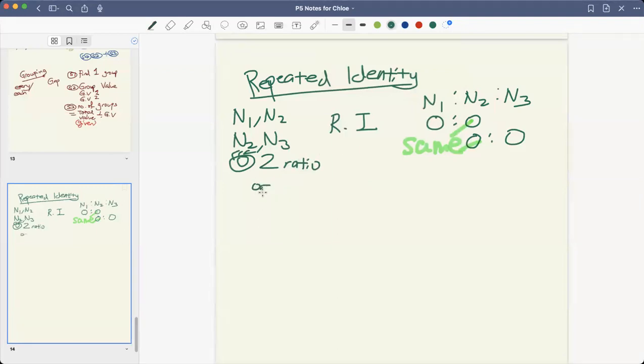Or you see n1, n2, n2, n3 plus numbers. How many numbers? Two numbers. Okay, two numbers for short. So RI as well.